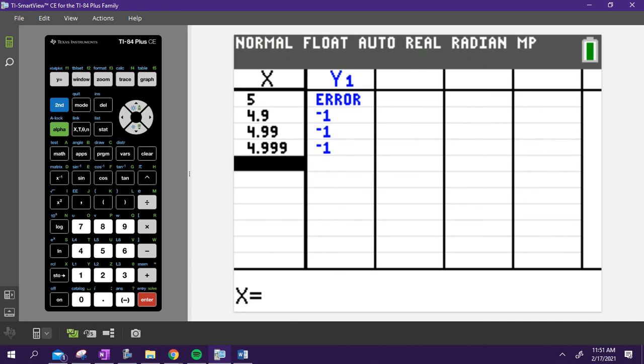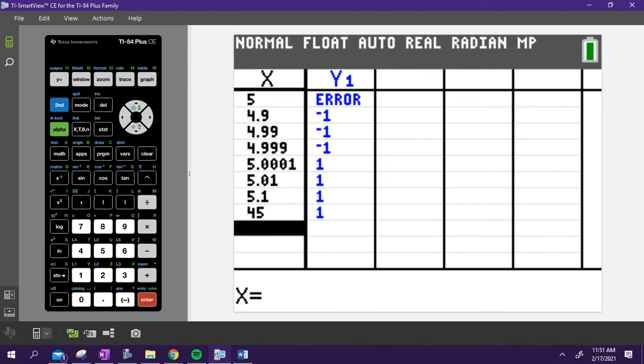Is that the answer to my question? No, we don't know that yet. Right now, that's one side. We have to find a limit from both sides. So then I need a number bigger than 5. So 5.001, 5.01, 5.1, 45. It doesn't matter what I plug in. I'm always going to get 1.